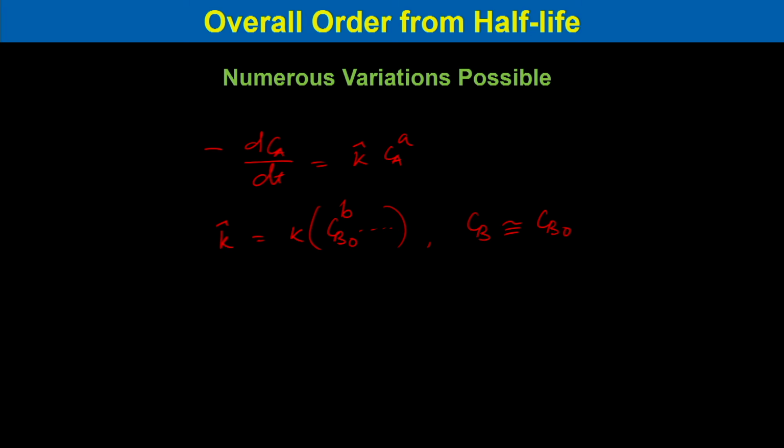So, this way we can have numerous variations of the fractional half life method, and we can obtain different forms of the integral form of the rate equation, which we could solve for the kinetic data obtained from the batch reactor.